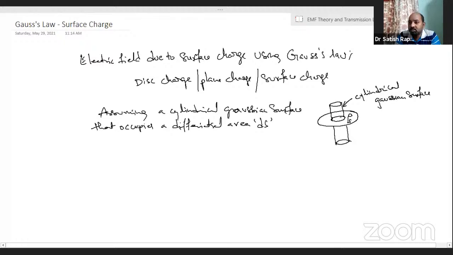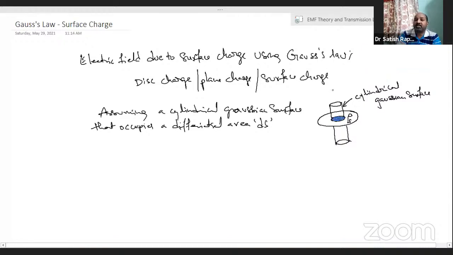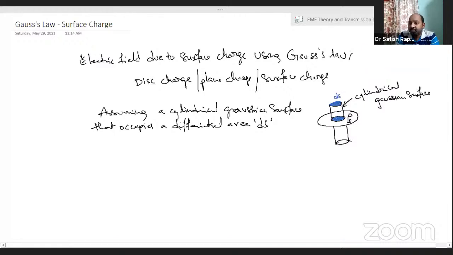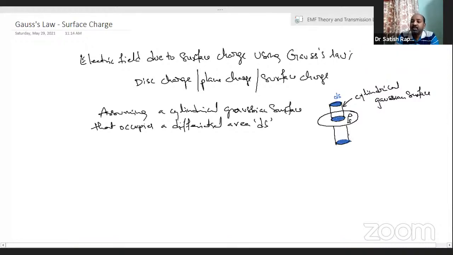So this is the differential area dS, and similarly this is also the same dS, same area, right?